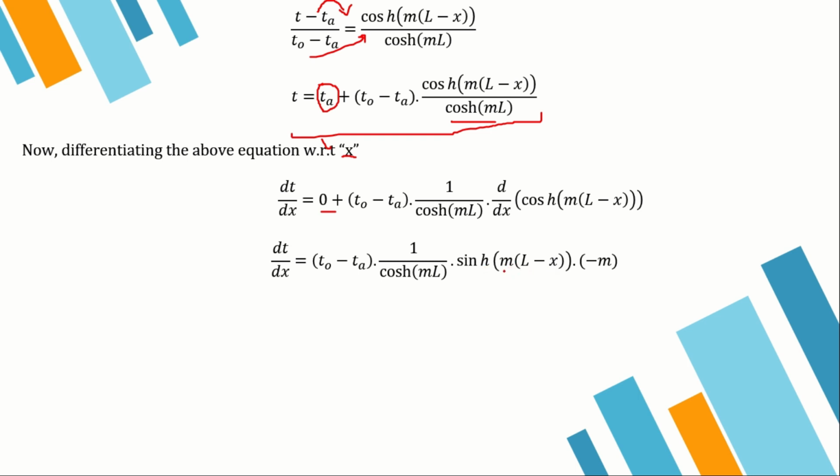So we will be taking the differentiation of the inner term again. L minus x into m, we are left with minus m, as dL by dx is equal to 0.